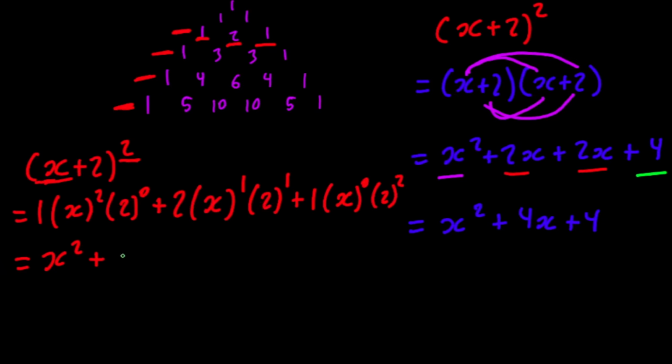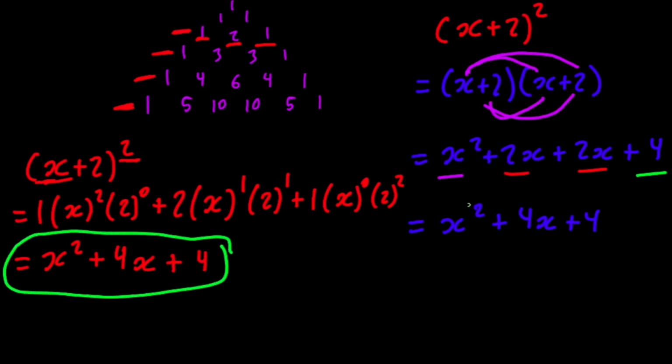So 2 times 2, we have 4x, plus x to the power of 0, which is 1. 1 times 1 times 2 to the power of 2, which is 4. We get 4. So, as you can see, we got the same answer using the different methods.